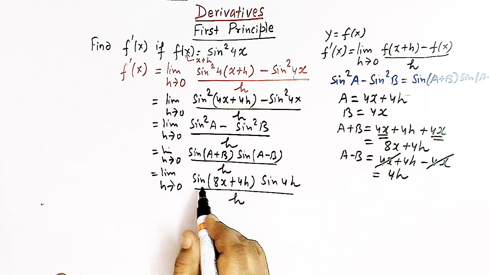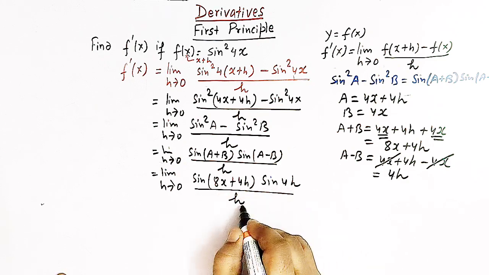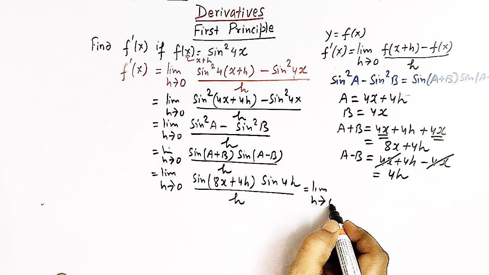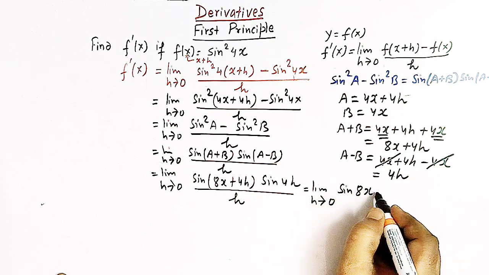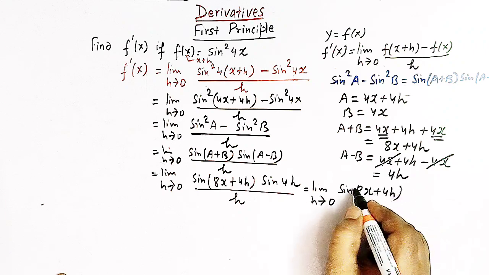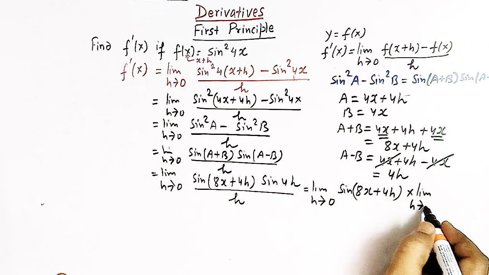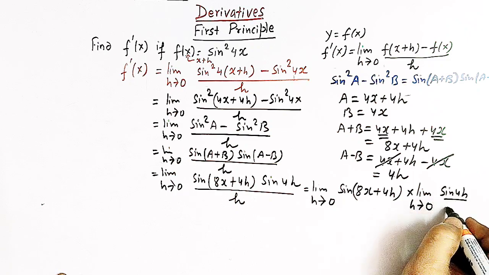So now we have sine 8x plus 4h times sine 4h over h. So we can now write limit h tends to 0 of sine 8x plus 4h, and then we can write limit h tends to 0 of sine 4h over h.